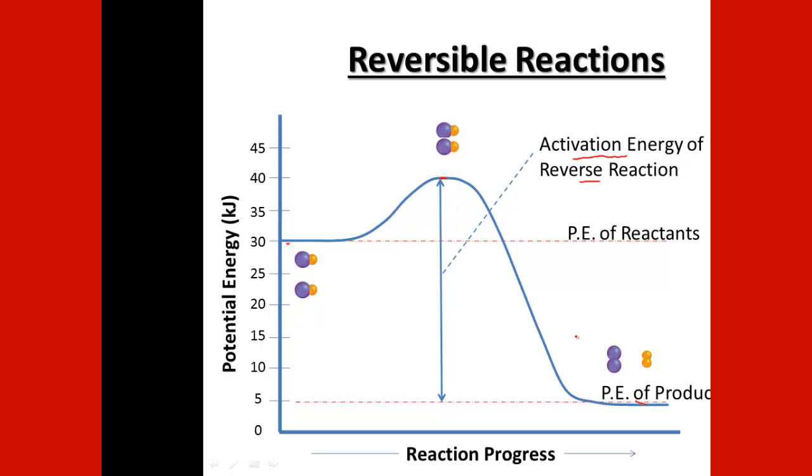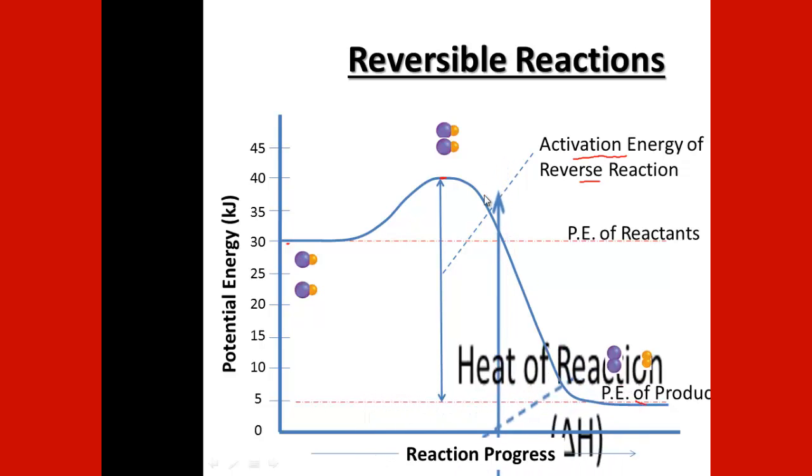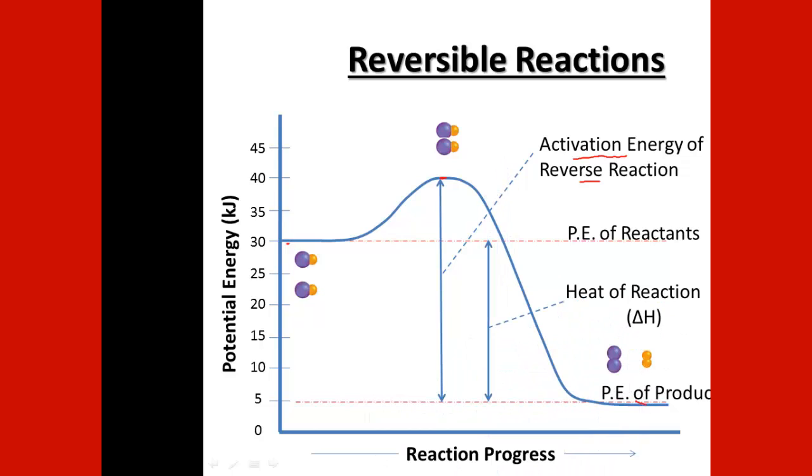The amount of energy is going to be different depending on where you start or end. And then our heat of reaction, however, is going to be the same, except it's either going to be positive or negative. And then our catalyst line, again, lowers that activation energy. It does not change our heat of reaction.